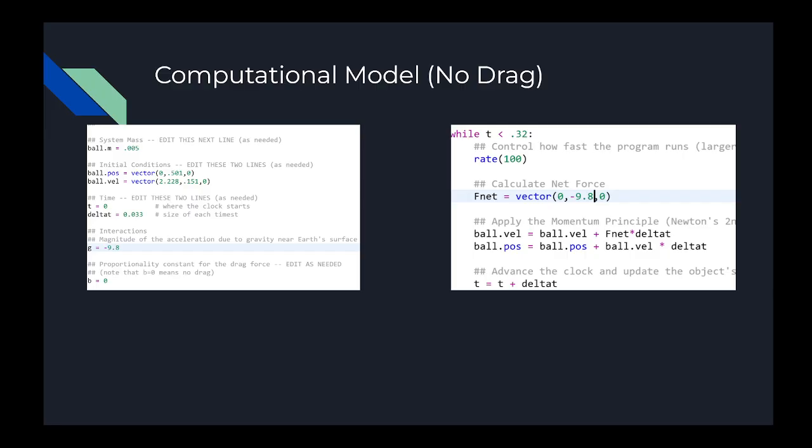For the computational model, we used the same initial conditions that we observed from the Tracker model, and we gave the ball a mass of 5 grams. g is equal to negative 9.8, and with no drag, we made b equal to 0.